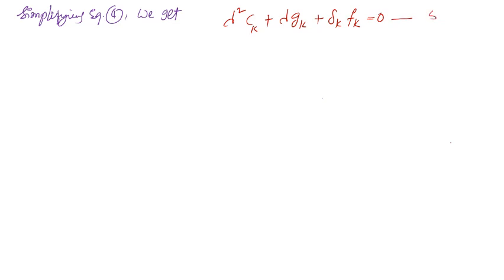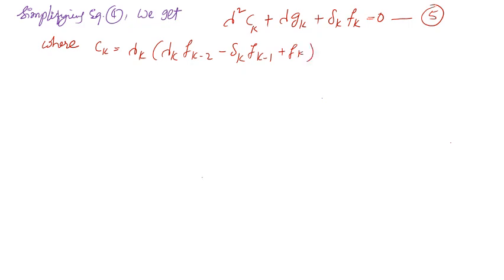This is equation 5, where the new notations are: first, c_k = lambda_k(lambda_k f_{k-2} - delta_k f_{k-1} + f_k).